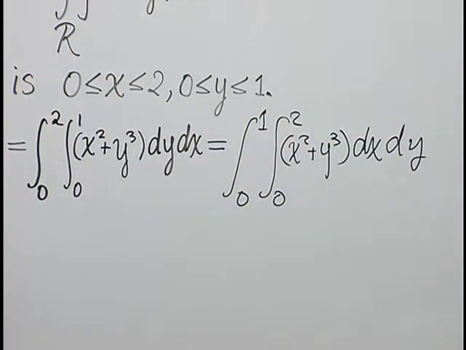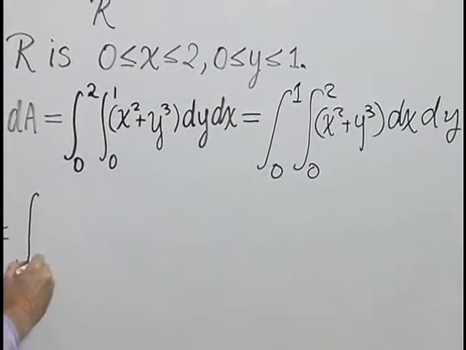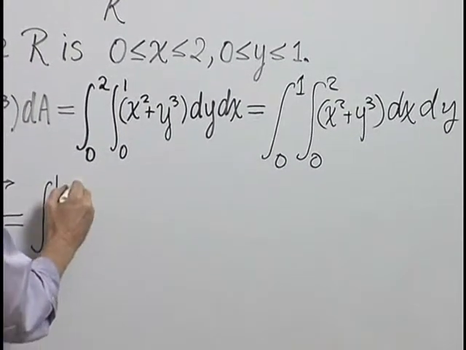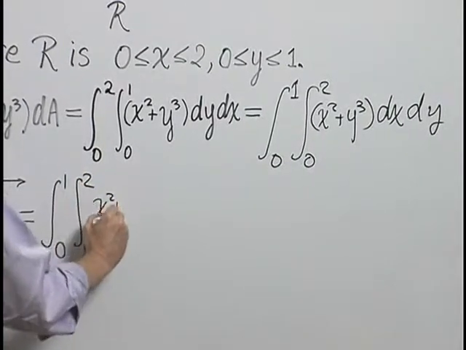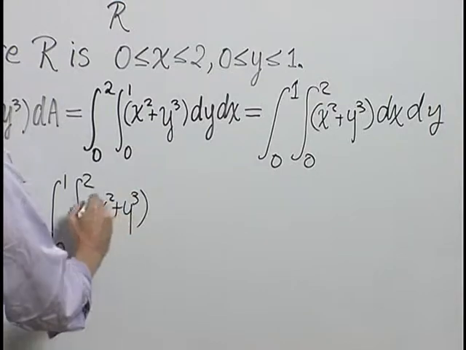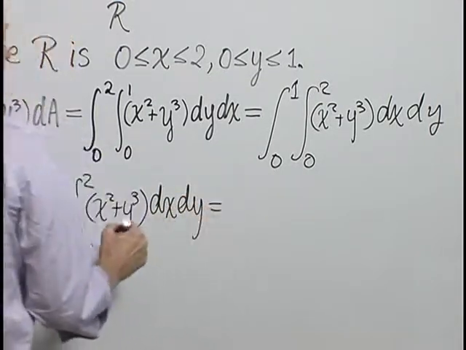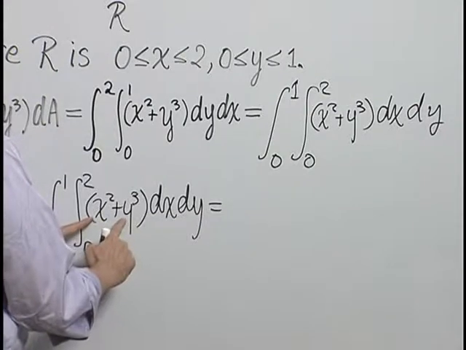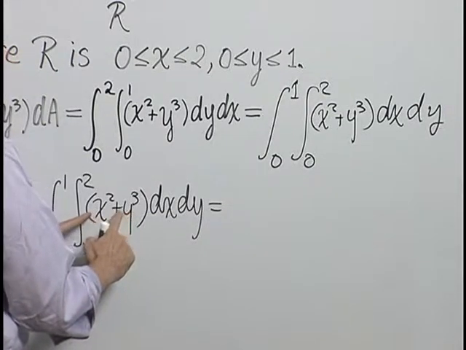So now we're going to do it in this alternate order. So we have the integral from 0 to 1, integral 0 to 2, x squared plus y cubed dx dy. And so now we're going to anti-differentiate with respect to x, thinking of the y as constant.